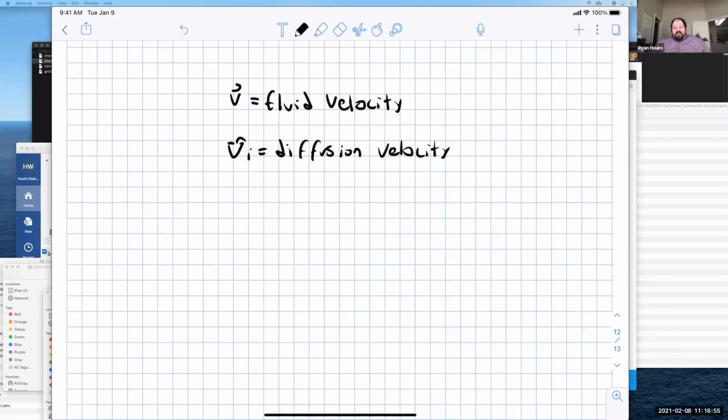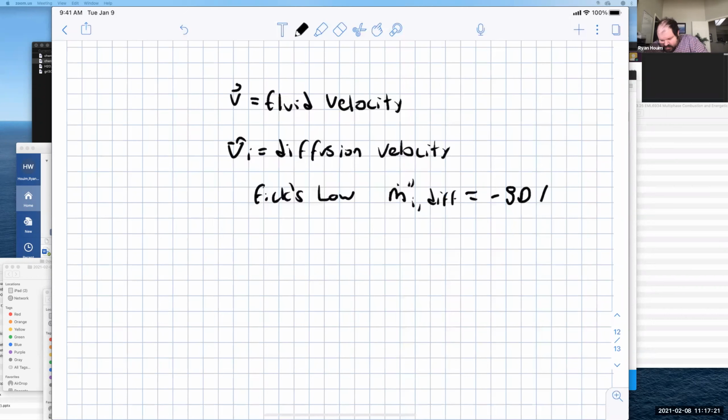Say for Fick's law, where we had the diffusion mass flux equal to minus rho D grad Yi, right? You remember that, right?